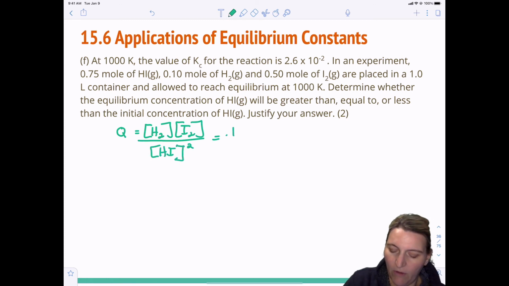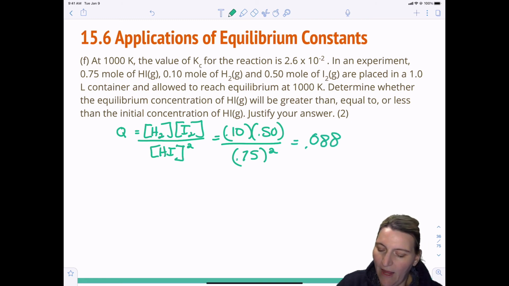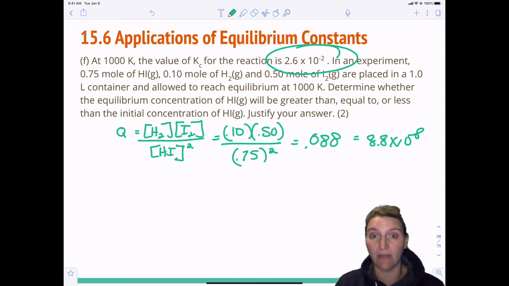So I plug in 0.10 times 0.50 over 0.75 squared, and I get 0.088. And I actually changed that to 8.8 times 10 to the negative 2, just to make it easier to compare with the equilibrium constant that's given to us. And I can see that it is, in fact, bigger than the equilibrium constant.